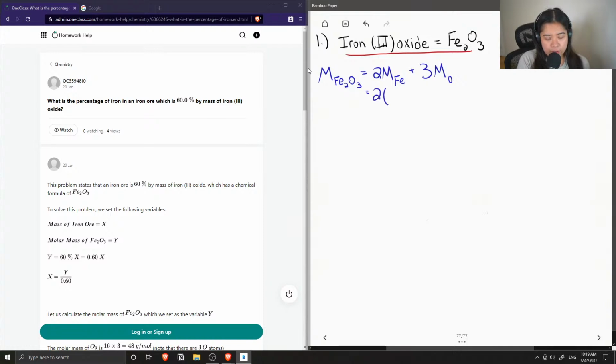So these are values you can just find on your periodic table, and the molar mass of iron is 55.8 grams per mole, and the molar mass of oxygen is around 16 grams per mole. So now if we sum these values up, we end up getting a molar mass of 159.6 grams per mole.